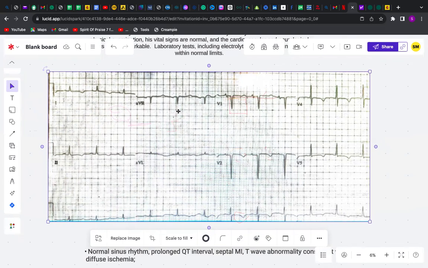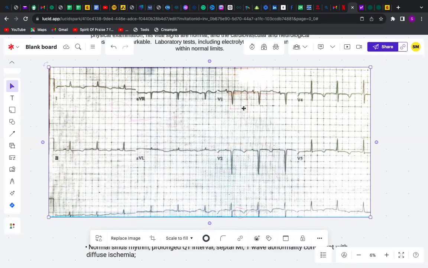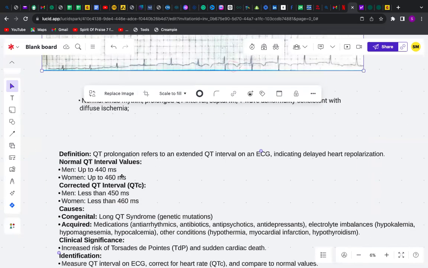So the quick one is what I showed you: examine the QT, count the number of boxes in between, multiply by 40 milliseconds if you're using the smaller boxes, and if you're using the larger boxes, multiply by 200 milliseconds, for you to know whether it's prolonged or not. So that was how to calculate it from the strip and also using Bazett's formula.